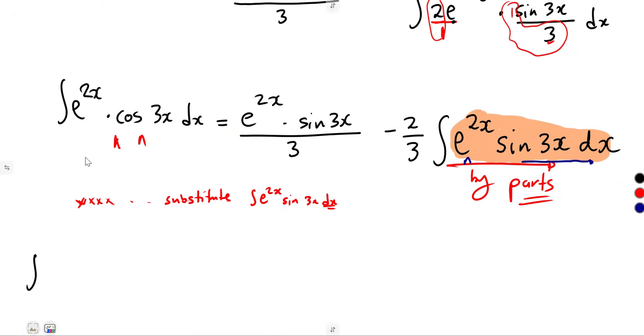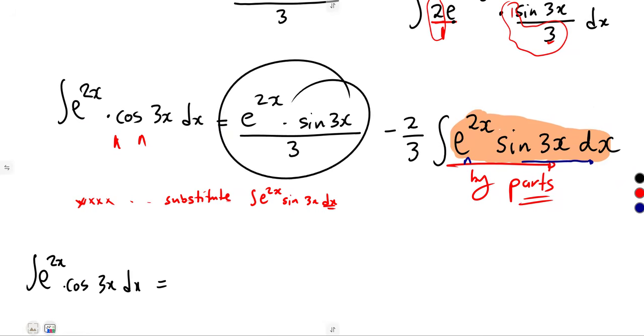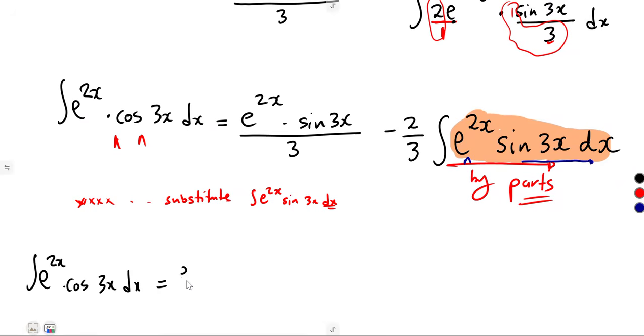So the integral of e to the exponent of 2x cos 3x with respect to x is equal to this: e to the exponent of 2x sine of 3x, everything over 3, minus what?